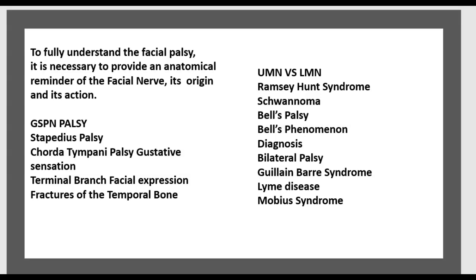Then we move to GSPN palsy, stapedius palsy, chorda tympani palsy, terminal branch facial expression palsy, fracture of the temporal bone. Then we move to upper motor neuron lesion versus lower motor neuron lesion. Then Ramsay Hunt syndrome, schwannoma, and then Bell's palsy.